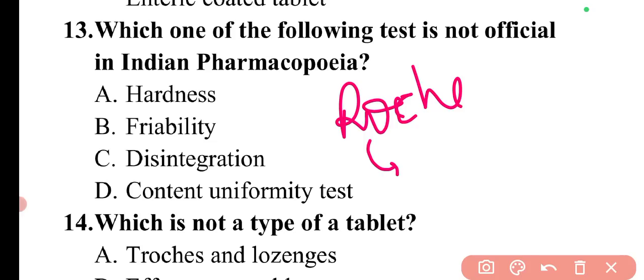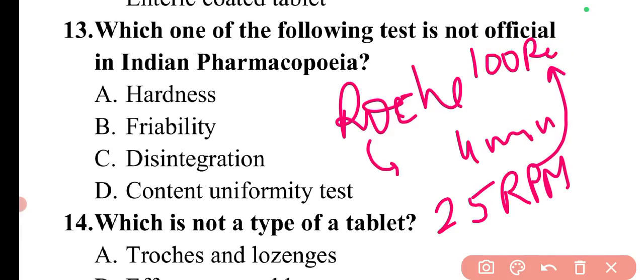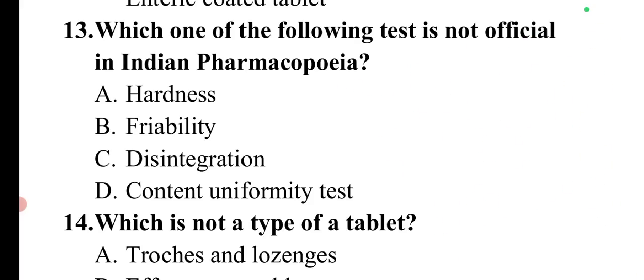This apparatus runs for 4 minutes, rotating at 25 rpm, which gives a total of 100 rotations or revolutions after 4 minutes. That is how the friability test is performed.